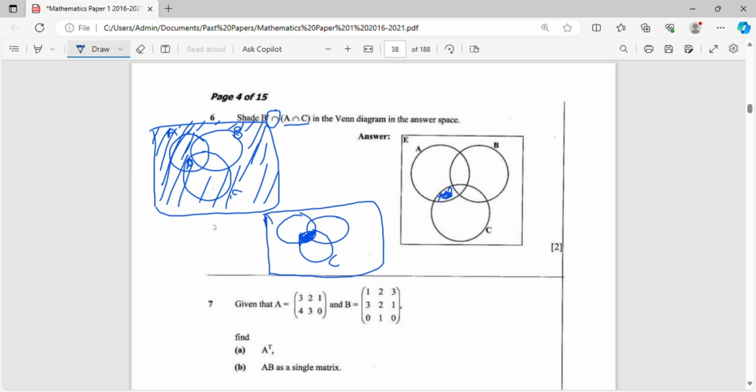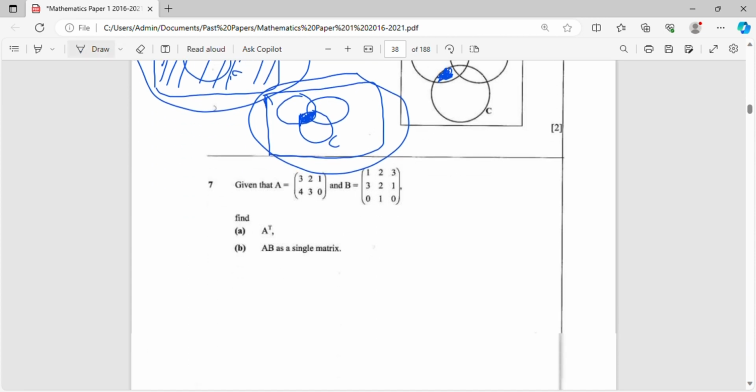Just this region, because when we say intersect, we mean what is common between the two. So what is common in B complement as well as A intersect C. We've shaded our A intersect C here, and we've shaded our B complement here. And which region has been commonly shaded between the two? It's just this portion of the region.